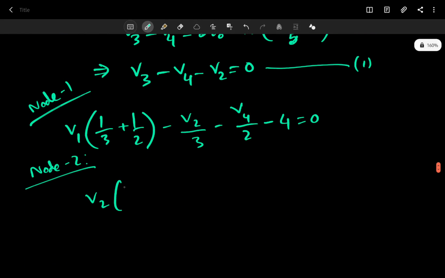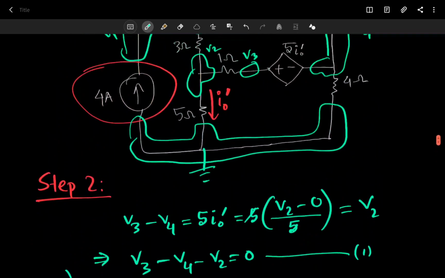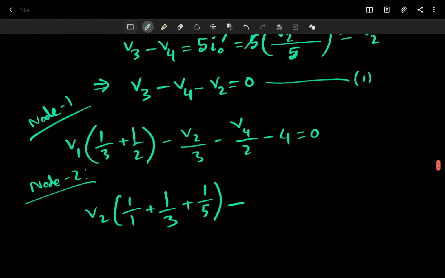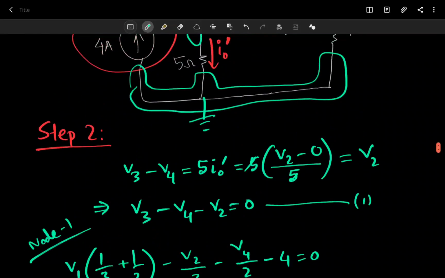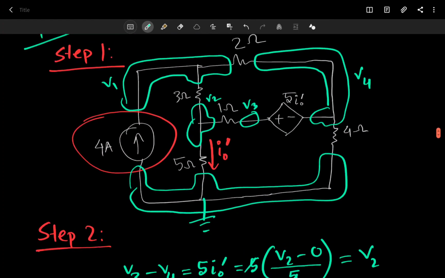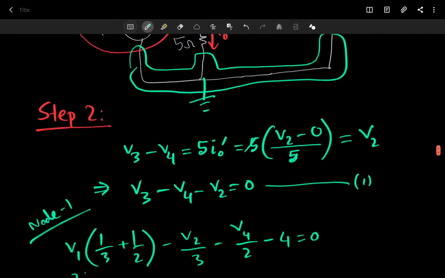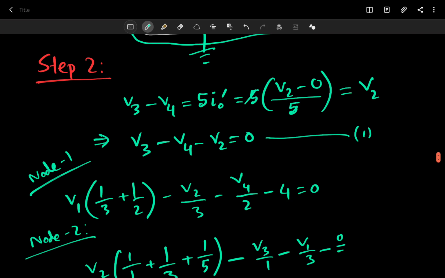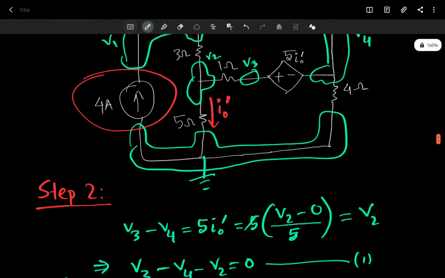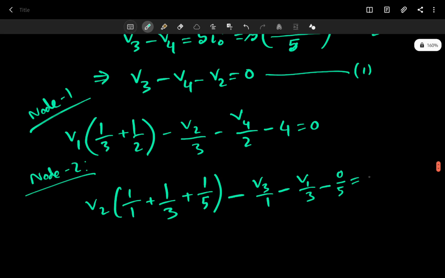So 1 by 1 plus 1 by 3 plus 1 by 5, minus the 1 ohm resistor is going to V3, so V3 by 1, minus the 3 ohm resistor is going to V1, so V1 by 3, minus 0 by 5, because the 5 ohm is going to the ground node, equals 0. So this is just 0. So this is our second equation, and this is our third equation.